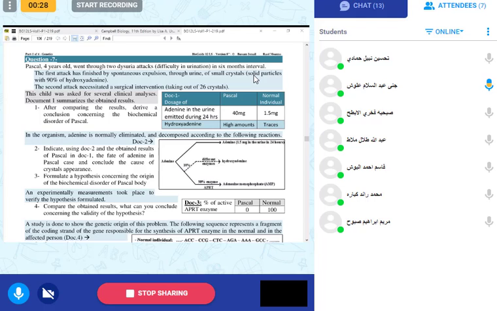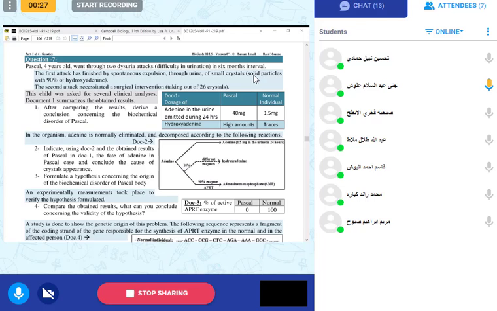The high amount of adenine. No, give me a conclusion about the problem of Pascal. You have extra crystals. In normal people, the adenine amount in the urine should be 1.5.